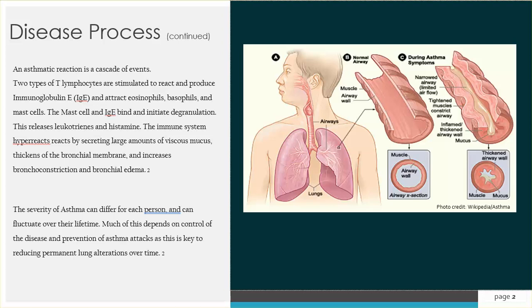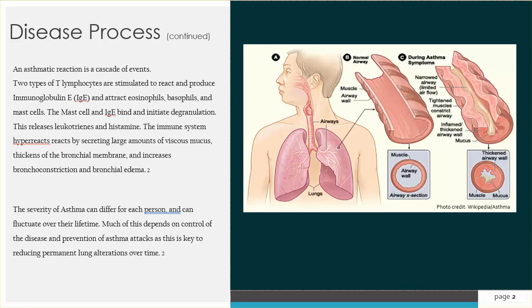An asthmatic reaction is a cascade of hyperactive events, like I had mentioned, and the severity of attack can depend on each person, depending on their control of the disease and the availability of medications for the person. It can fluctuate even over their lifetime, depending on their hormone levels and again, how well controlled the disease is.